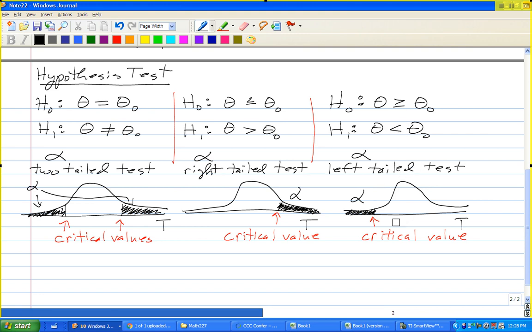This arrow points to the left, so it's left-tailed. And not equal points in both directions. This region here is called the rejection region, where I have filled in my value which has area alpha. So this is my rejection region.